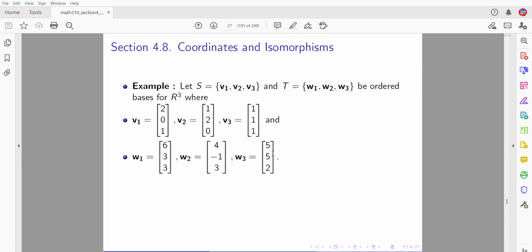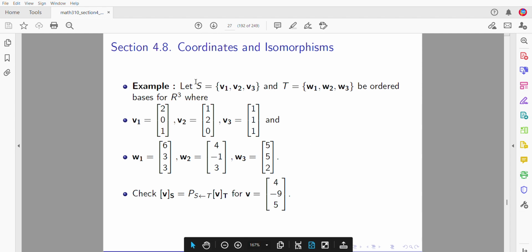So you want to find the transition matrix and check that the coordinate vector for S equals the transition matrix multiplied by the coordinate vector for T. So a lot of talk here. v is any vector from R3.